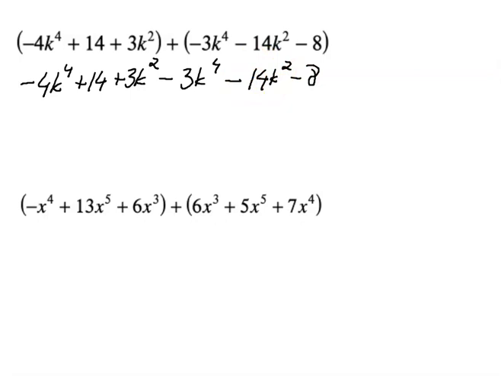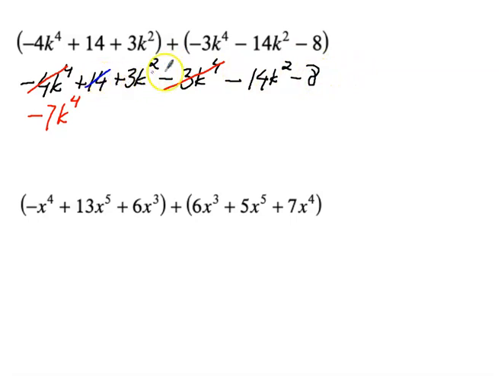So let's combine the like terms. We have minus 4k to the fourth power, and I'm looking for more k to the fourth power. So notice that there is another minus 3k to the fourth power. So we have negative 4 minus 3, it's minus 7k to the fourth power, okay? Then I'm going to take the next term, and I have 14, and now I'm going to look for another number without a variable because those would be the like terms.